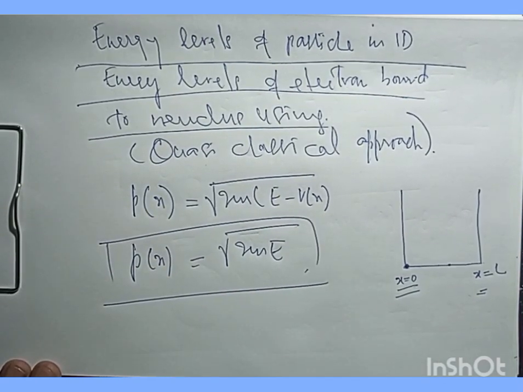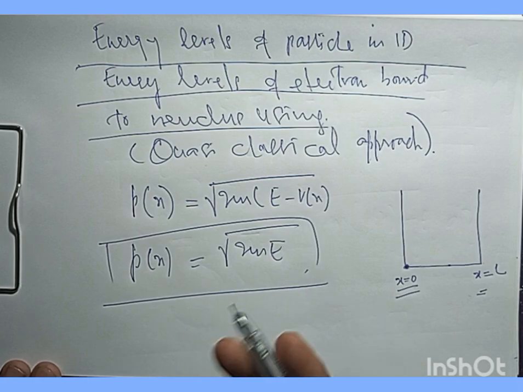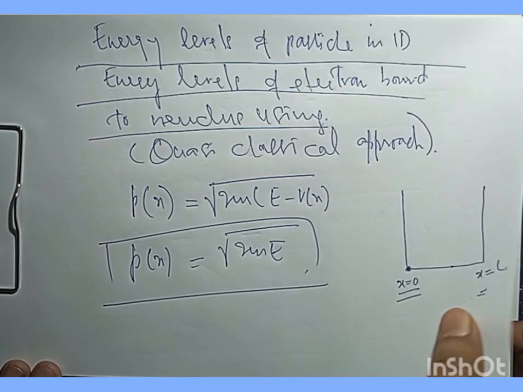And we can easily use the quasi-classical approach to calculate the energy expression for the particle within this well. And the integral that we have already obtained is quite simple to calculate in this case.